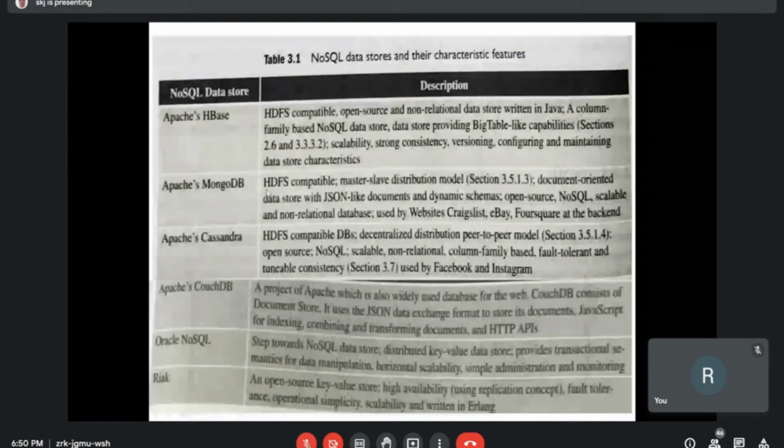So it is HDFS compatible, master-slave distribution model, a document-oriented data store with JSON-like documents and dynamic schema. Open source, NoSQL, scalable, and non-relational database.